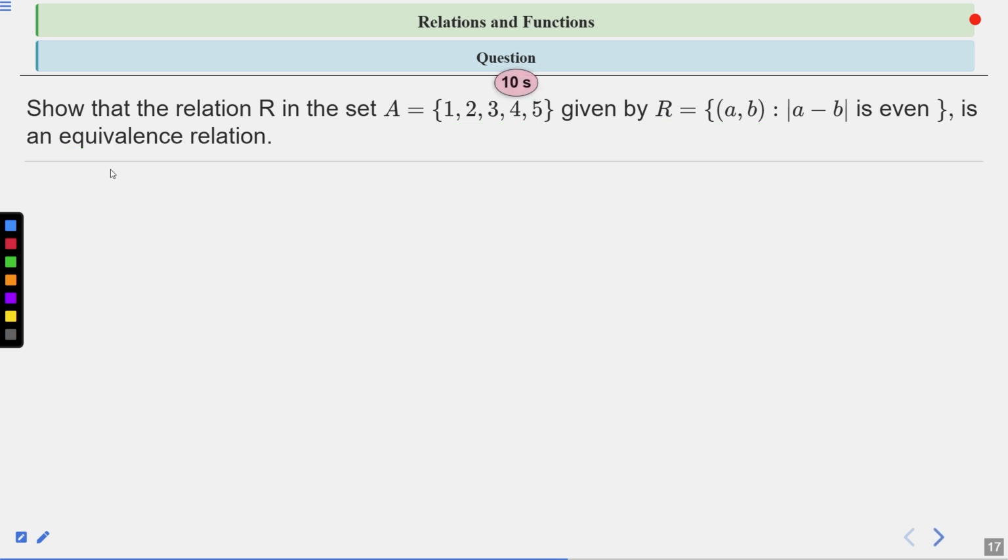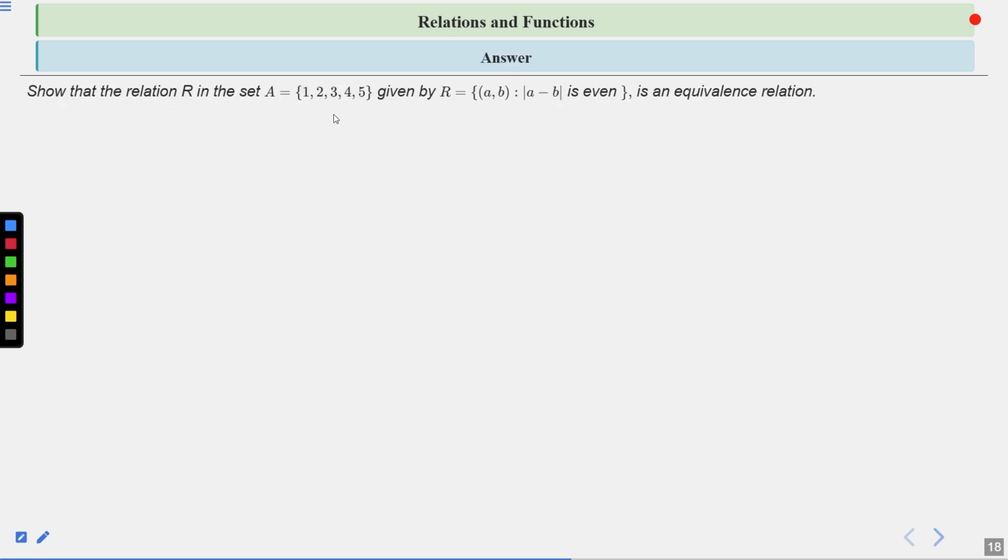You'll have some seconds to try this problem, then afterwards we will move on to the solution slide. So your time starts now. The time is up. So in this question, we have to show that the given relation R is an equivalence relation.